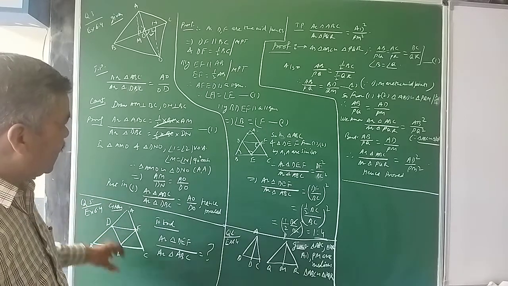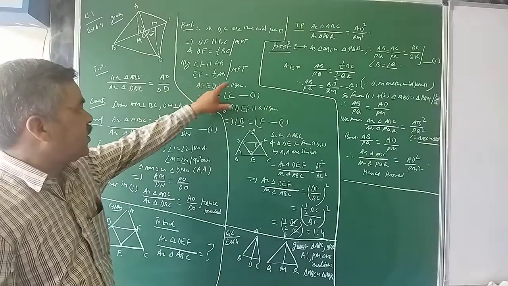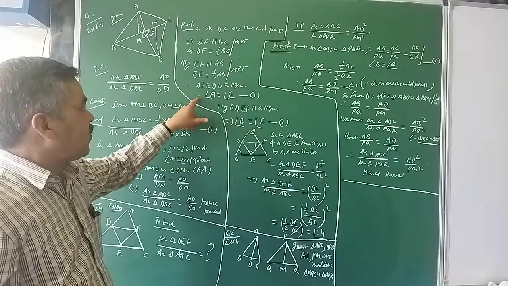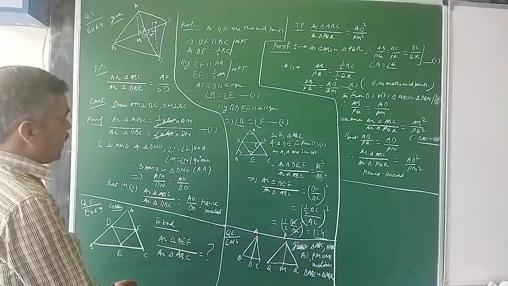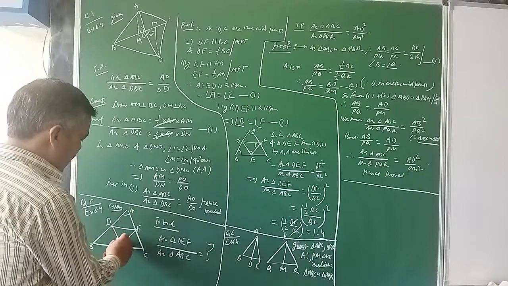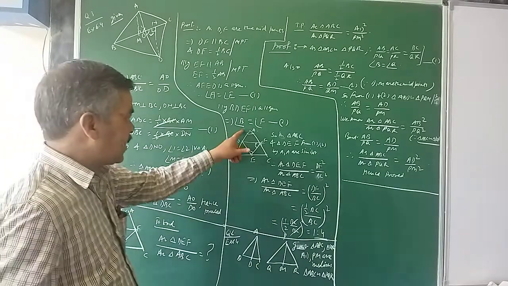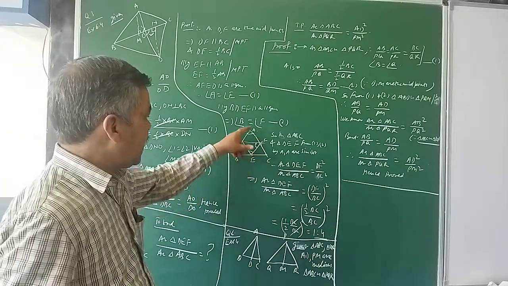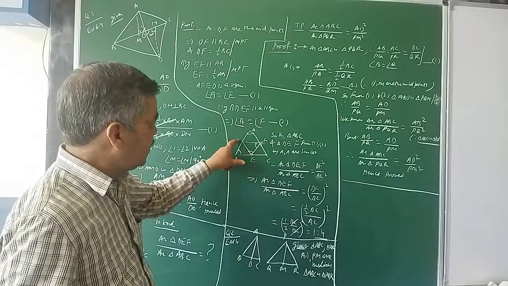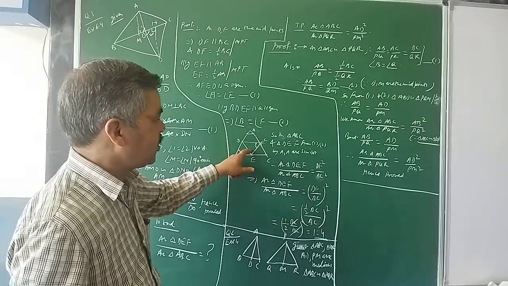So when you are getting these, you mention that AFED is a parallelogram. Then from there you will be getting your angle A is equal to angle E. This angle A is equal to angle E, as you are saying AFED is a parallelogram. These are the opposite angles.